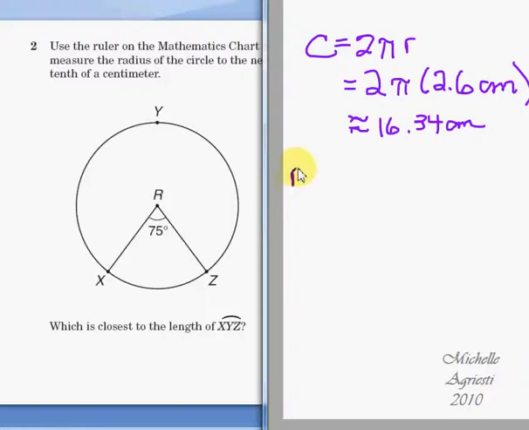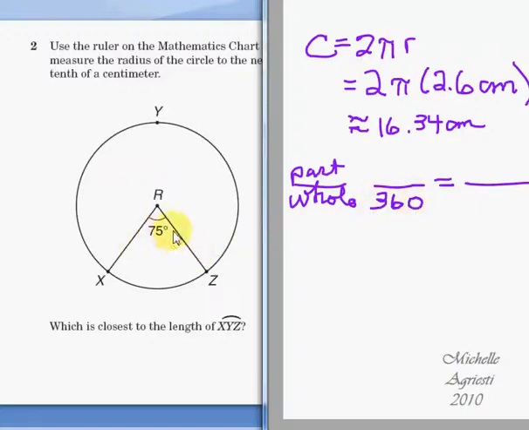So my proportion is going to be part over whole. And I know my part is not a complete 360 degrees. The whole is the 360 degrees.